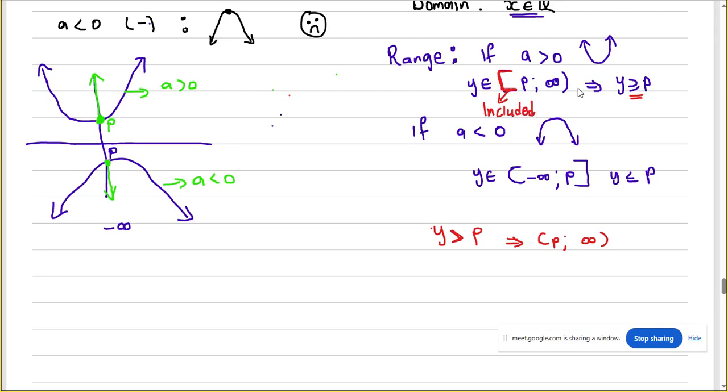This one means not included. Do you understand? Yes. So when we write greater than, that's how you should write your answer. And P is part of the range, so it must be greater than or equal to P.